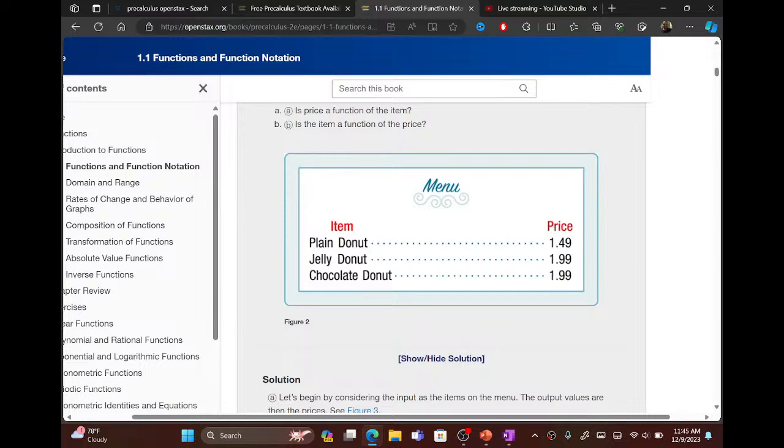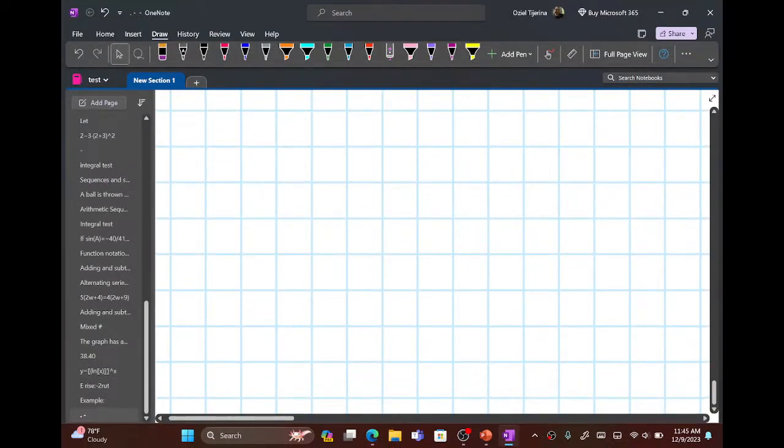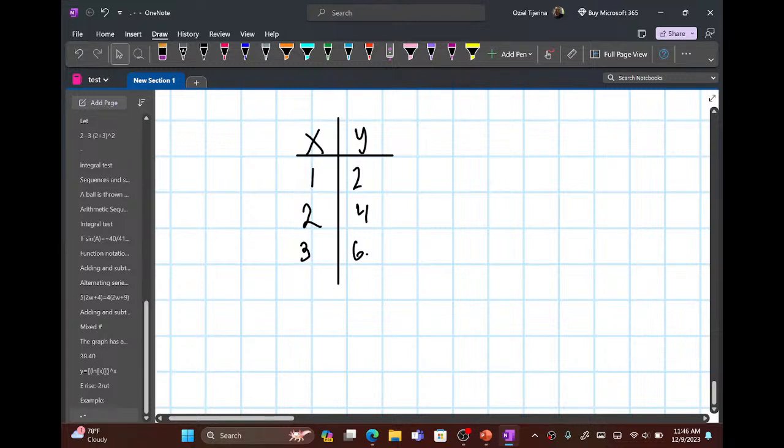X cannot be a function of Y. So whenever you have this going on, let's pretend we have X and Y. We have like 1, 2, 2, 4, 3, 6, whatever. X is not a function of Y.